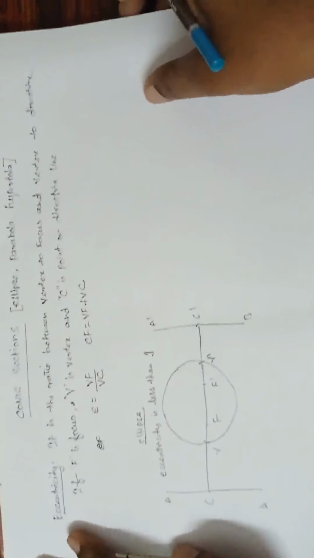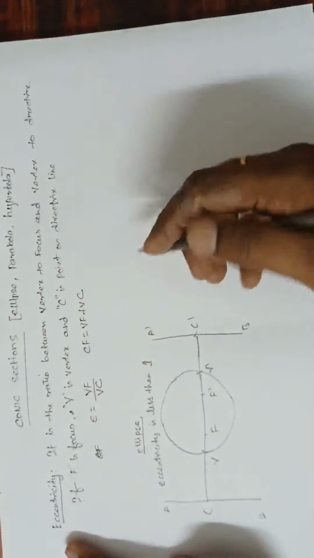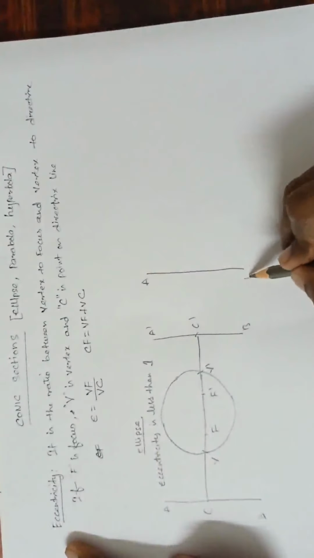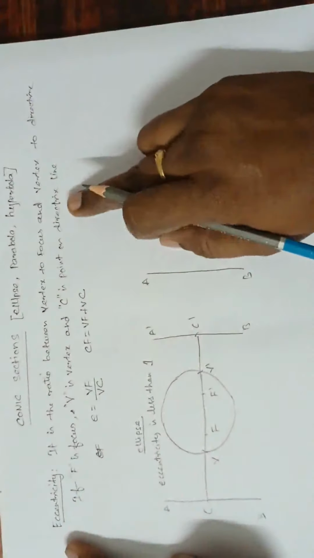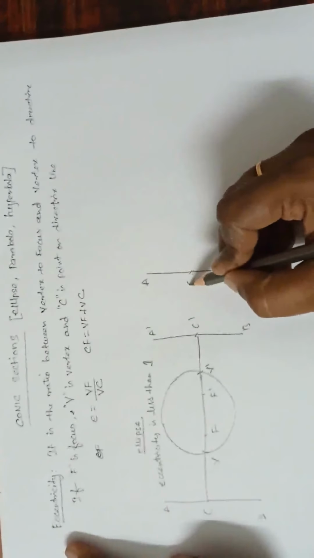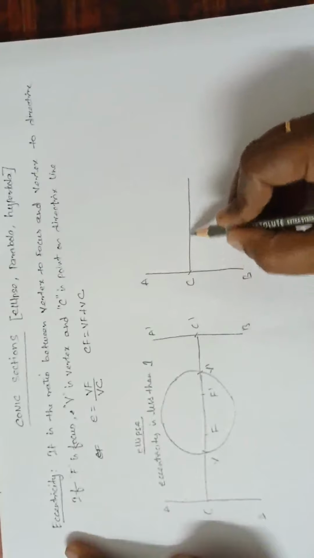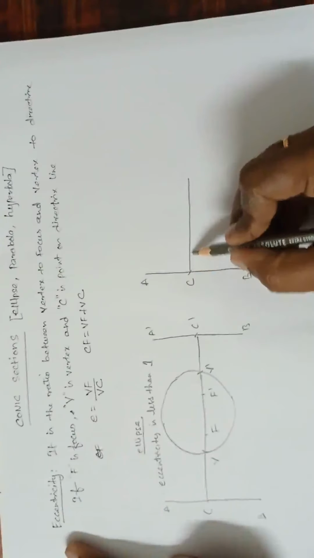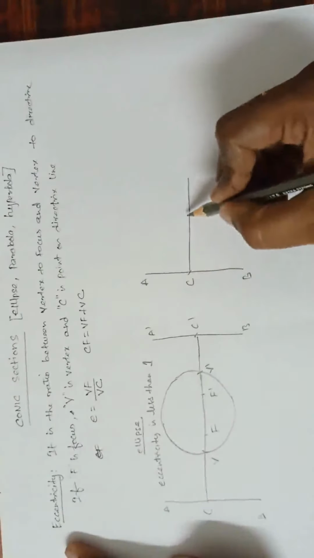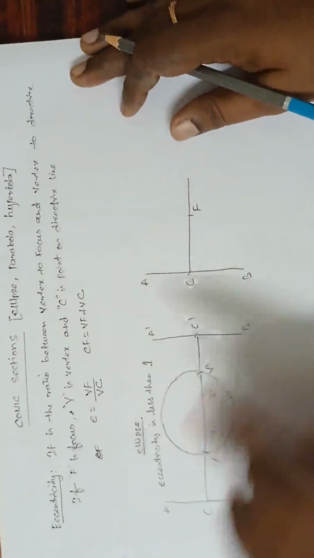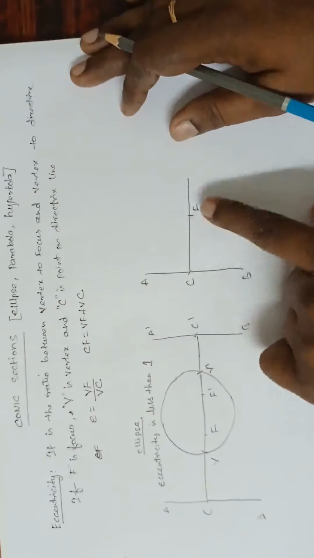Now let us come to the next one. What happens if the vertex is at the center? If I draw a directrix line and mark a point C on it, and draw a line from C perpendicular to AB, marking CF at a certain distance, it will give the distance from directrix to focus.